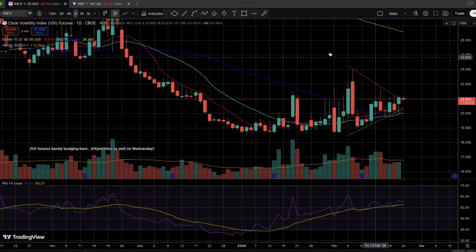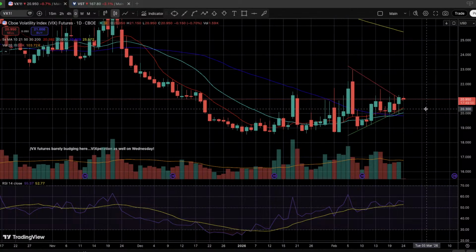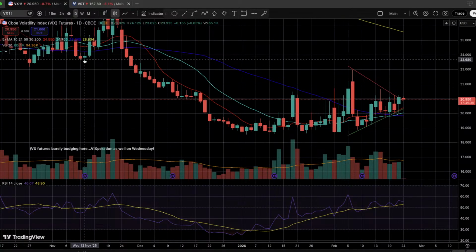Compared to the S&P 500, obviously the VIX futures and the VIX are going to move conversely, in the opposite way. The fact that they're diverging like this, where one is clearly in an uptrend and clearly contracting, while the other is simply in a neutral trend, moving completely sideways, means something's up.